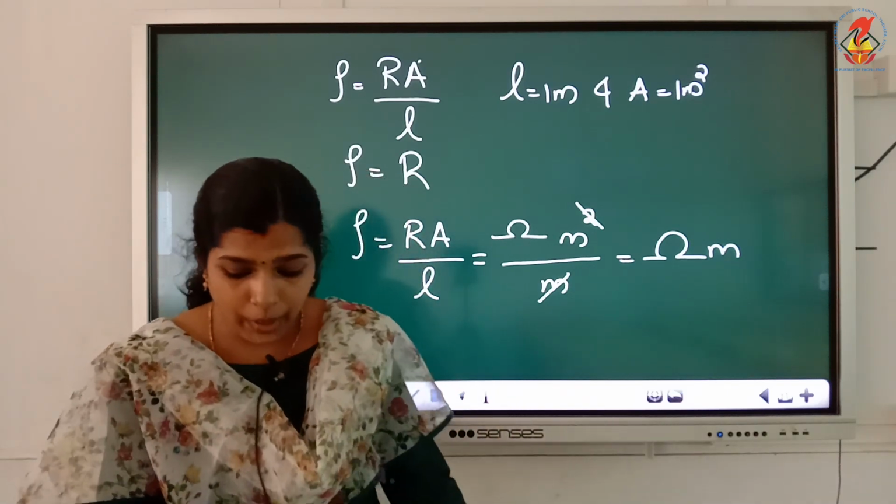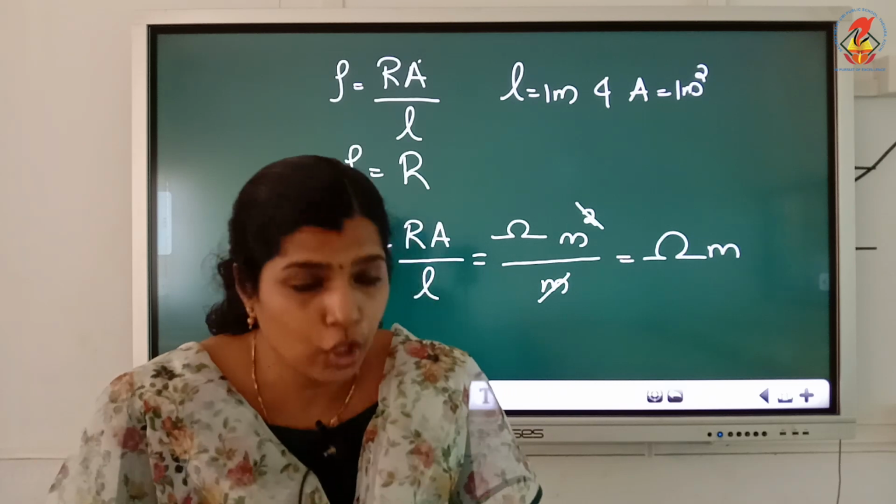Resistivity of silver is 1.6 into 10 raised to minus 8 ohm meter.